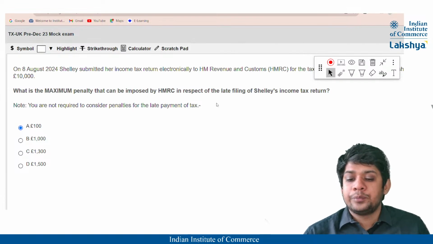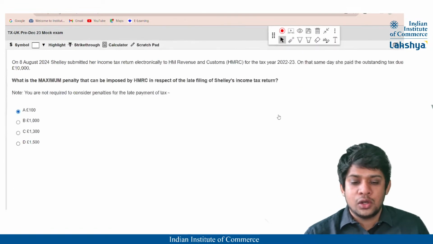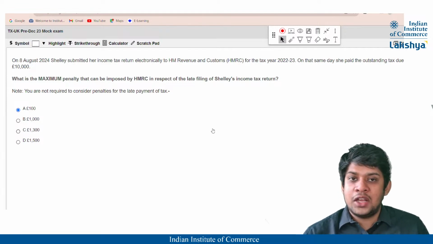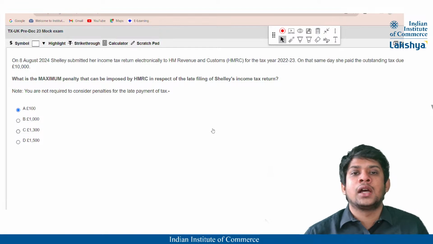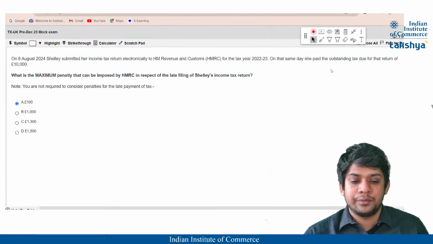Here it is not given because here you do not have a time limit to complete your paper. You can complete it whenever, however you want to. After the completion of this paper, guys, we are also going to show you how you're supposed to check how many marks you scored, where you went wrong, what the correct answer was and everything. So once we are done with the paper, I'll also show you that part.